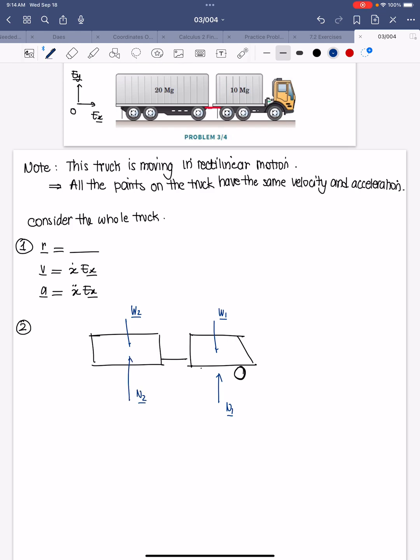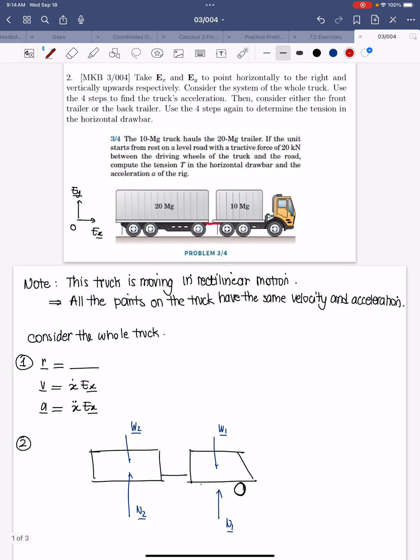You can combine both weights into one weight force, and both normals into one normal force, or you can keep them separate. It doesn't really matter for now. And we have a force here, an attractive force of 20 kilonewtons between the driving wheels of the truck and the road.